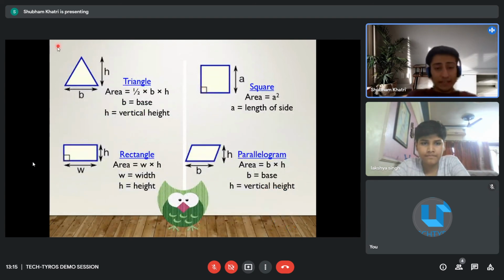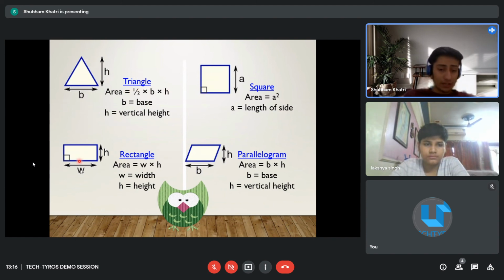Moving on. Now we'll do the areas of some basic figures. These are the formulas for areas of some basic figures. To calculate the area of a triangle, we require the base and height, where B is the base and H is the vertical height. The area of a triangle is half base into height.